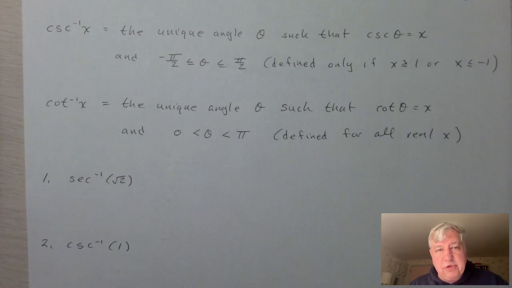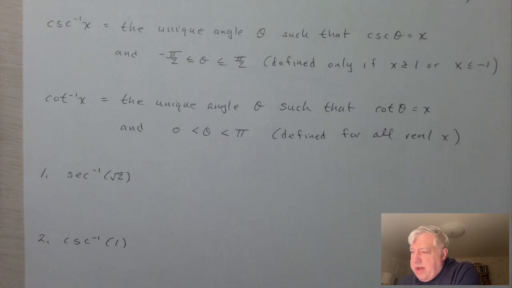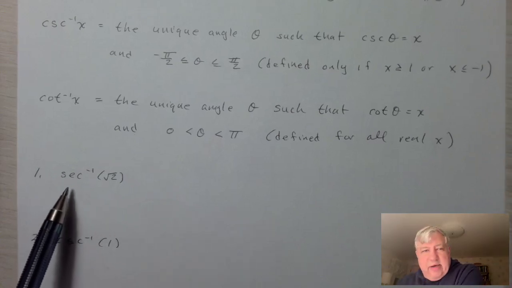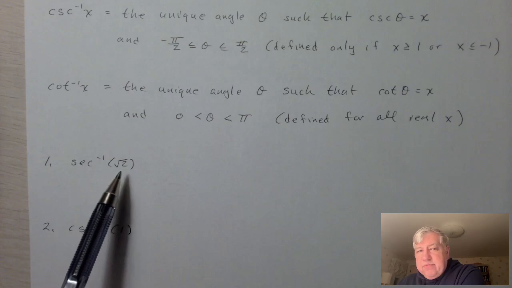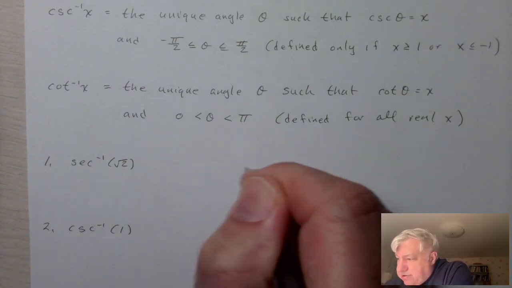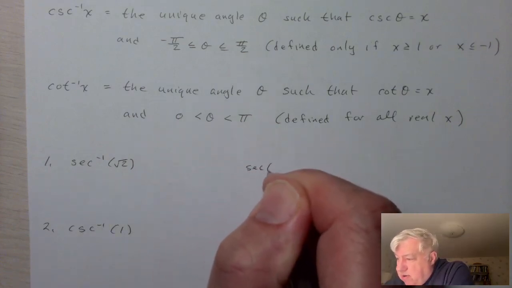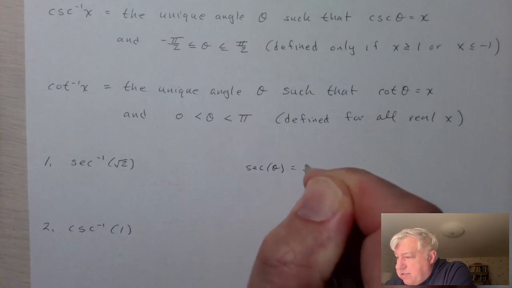We don't really have to describe these with a unit circle. Just keep these ranges in mind. For these first few examples, you have to think: what would be the inverse secant of 2? You're asking yourself, the secant of theta is equal to 2.